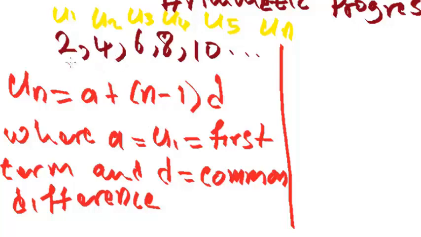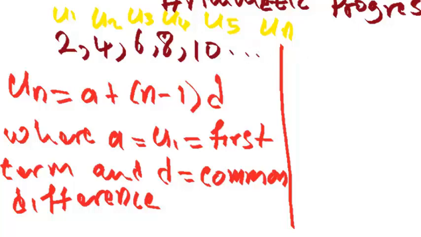So for instance, we have here 2, 4, 6, 8, 10. If I want to find the next term, it is U6. That is the sixth term because we have U1 the first term, the second term is 4, the third term is 6, the fourth term is 8, the fifth term is 10. So the sixth term is U6, which we are going to find.